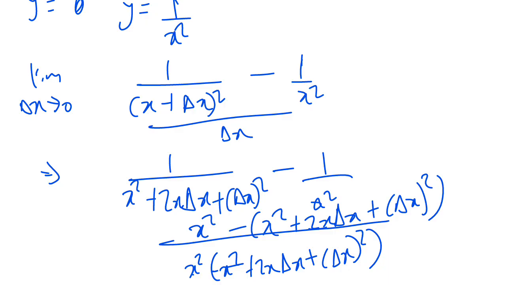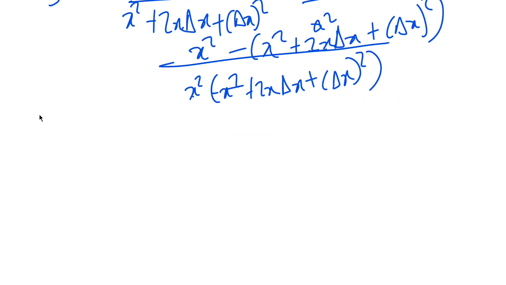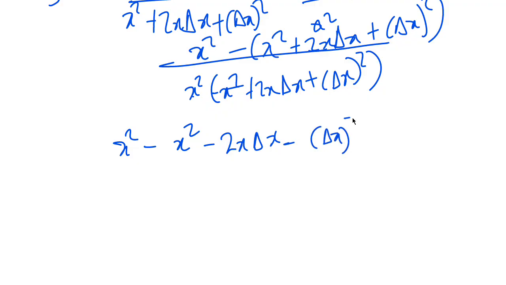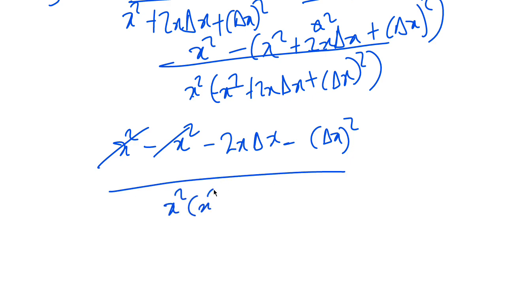Then from there we can simplify, right, as x squared, minus plus is giving us minus, so we have minus 2x change in x, minus change in x all squared. So you can see that this can cancel this, right? And then all over x squared into x squared plus 2x change in x plus change in x all squared.